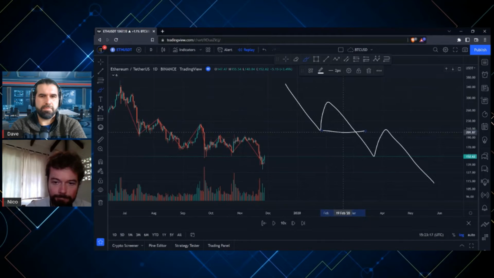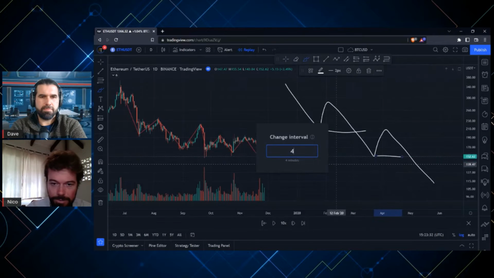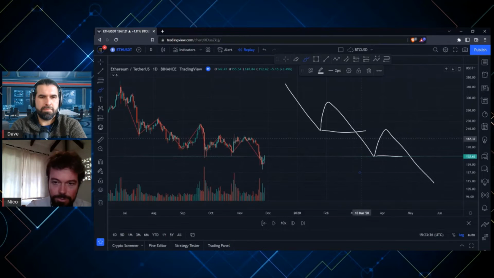As soon as we break down the previous low, lower low, that's our next impulsive move. And then again, pullback, impulsive move. Each time we break this line, we consider that's our next impulsive move, and our pullback cannot go above our previous pullback in order to consider that we're still in a downtrend.